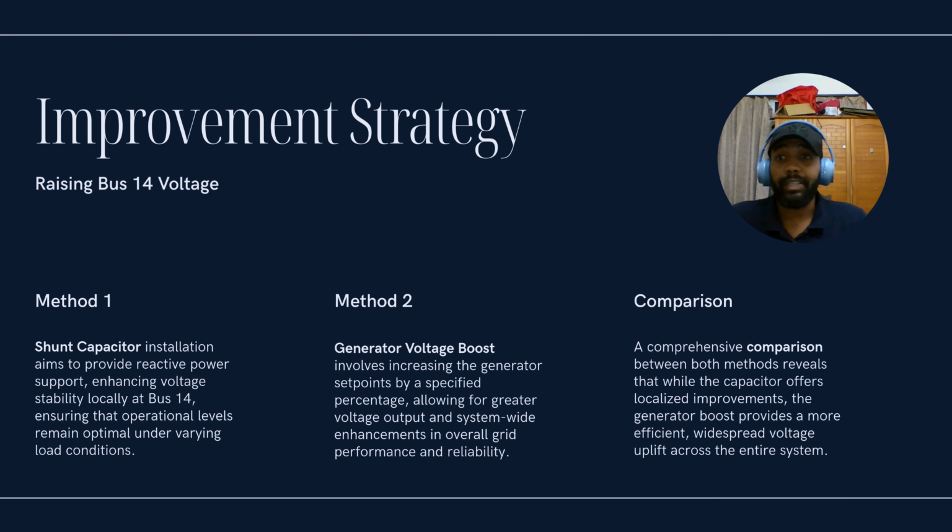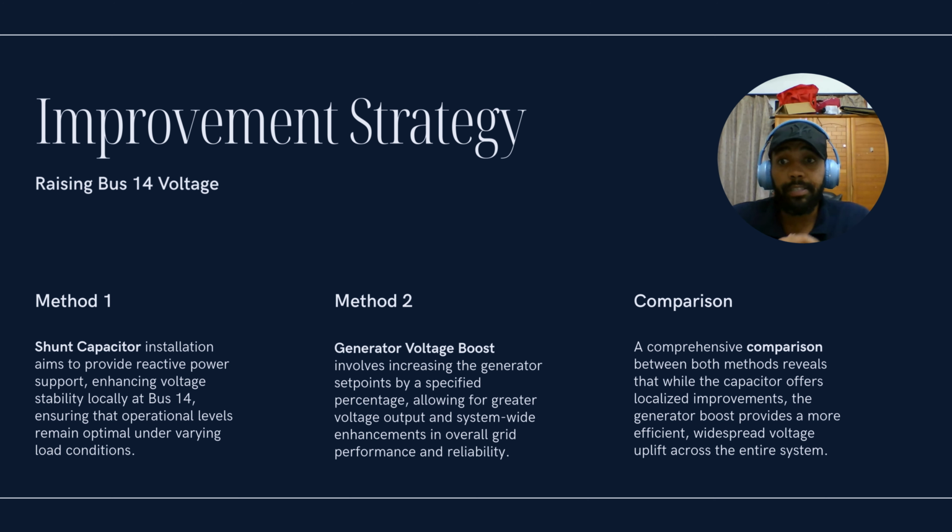Okay, now that we have identified bus 14 as the weakest link in the system because it has the least voltage, we are now going to try to raise its voltage by 5%, effectively giving it more of a margin of safety. So the first method we are going to implement is the shunt capacitor. This effectively just adds reactive power at the bus to compensate for the losses that are happening at the bus.